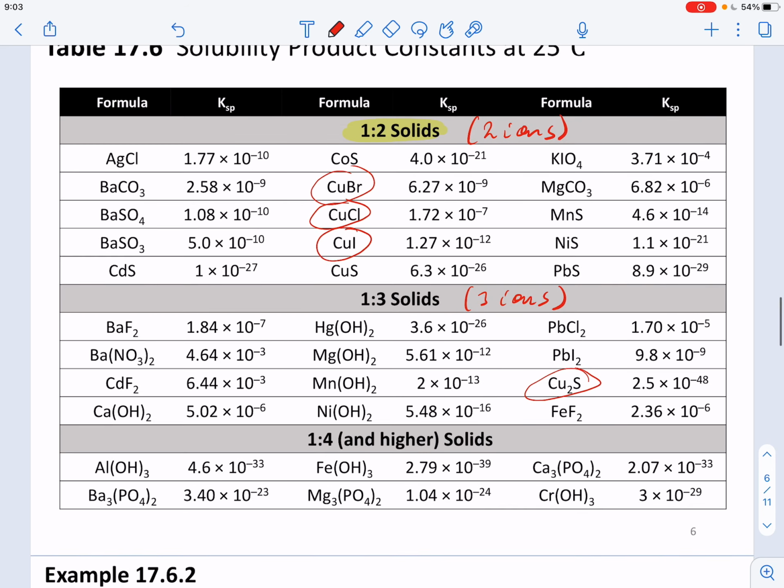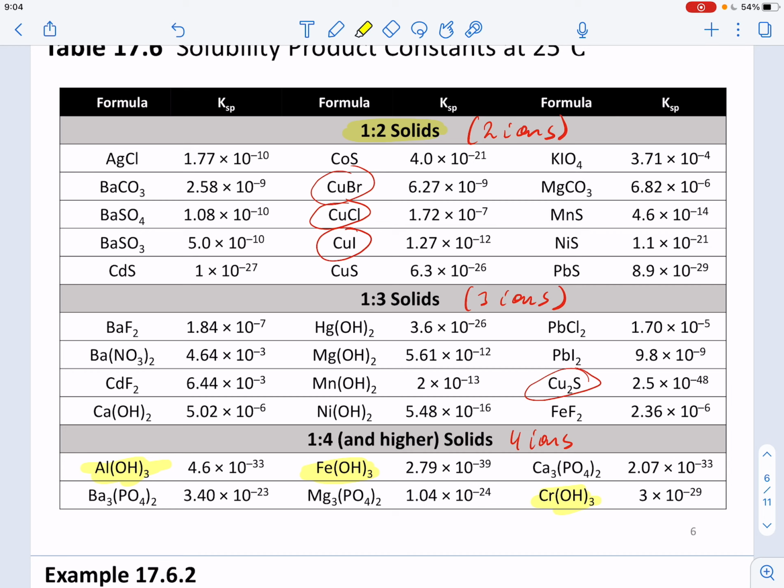And last but not least, the last 2 rows in this table are 1:4 or higher solids. In this particular case, you have 4 ions in the case of aluminum hydroxide, iron hydroxide, and chromium(III) hydroxide.